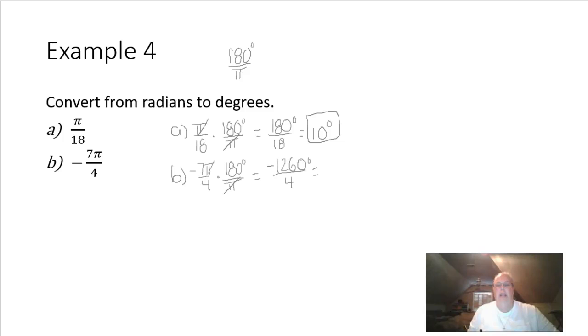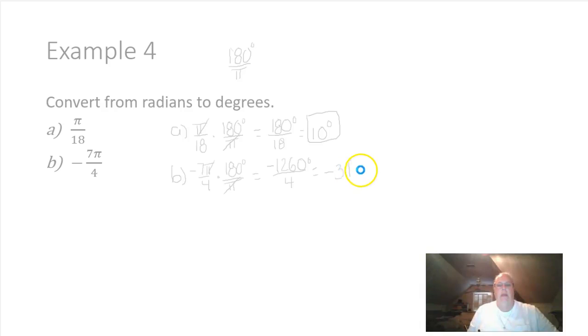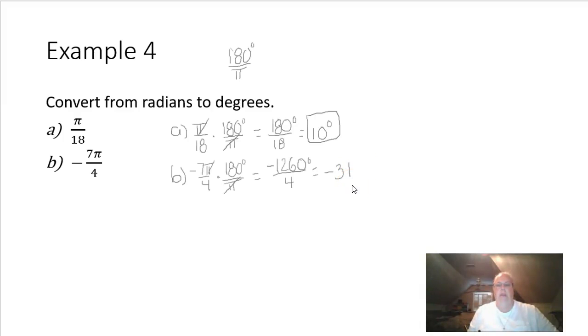And then we put this in the handy dandy calculator. Let's see, 4 goes into 12, negative 3 times. 4 goes into 6, 1. So it looks like negative 7 pi over 4 is the same thing as negative 315 degrees.